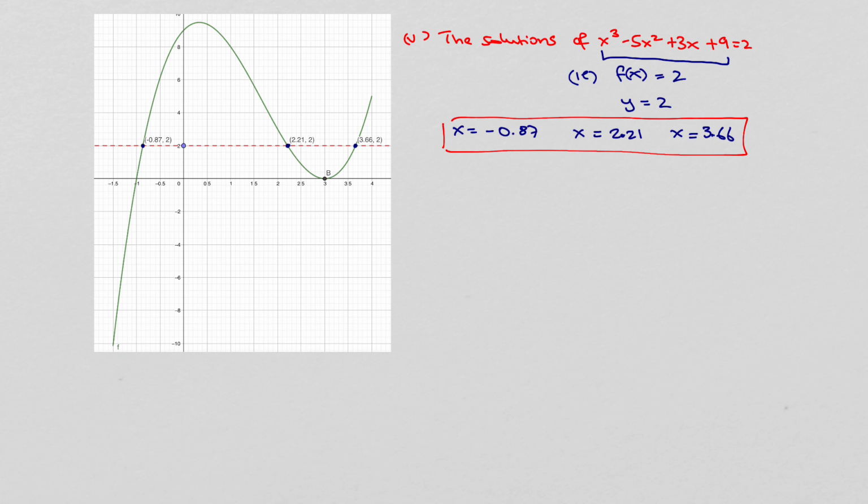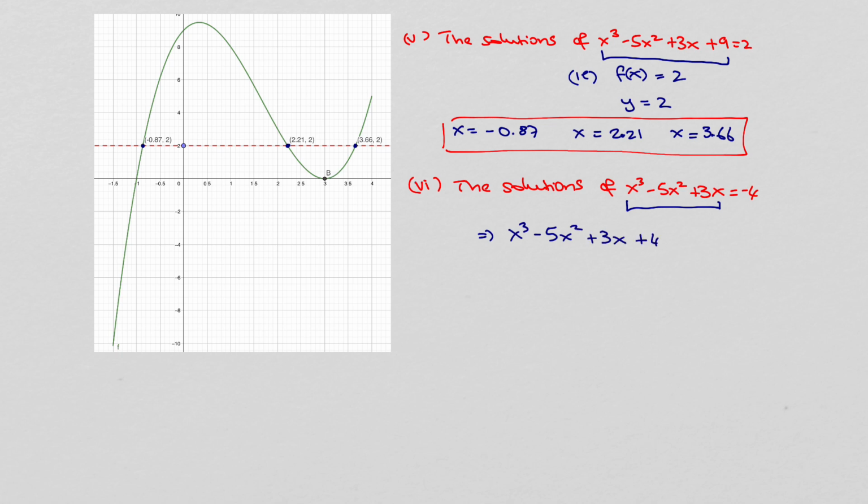Okay, and the last question then is where we have x cubed minus 5x squared plus 3x equals minus 4. So this time if we look at the left-hand side, what we'll find is that it's not the function that we have. So if I bring everything to one side, I have x cubed minus 5x squared plus 3x plus 4 equals 0.